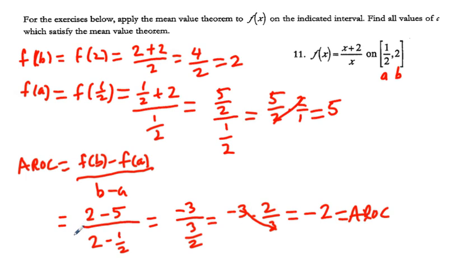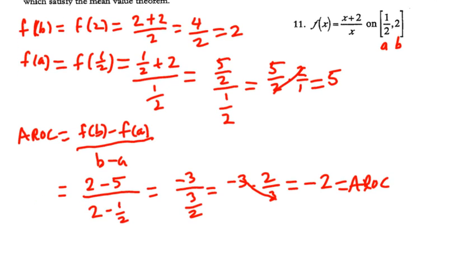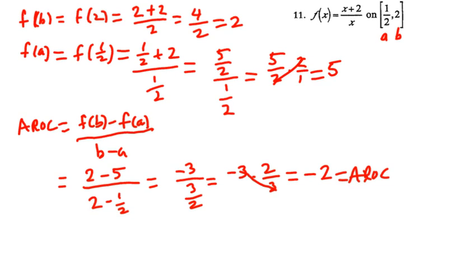So next, we're going to set negative 2, our AROC, equal to the derivative of this function. First, we're going to rewrite f of x.